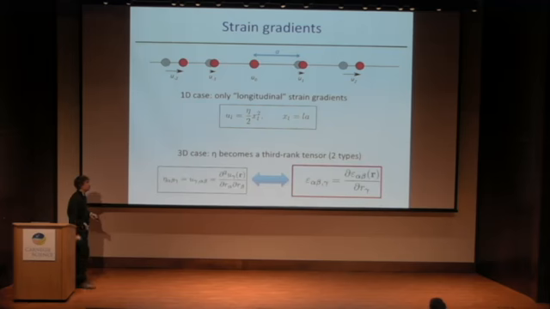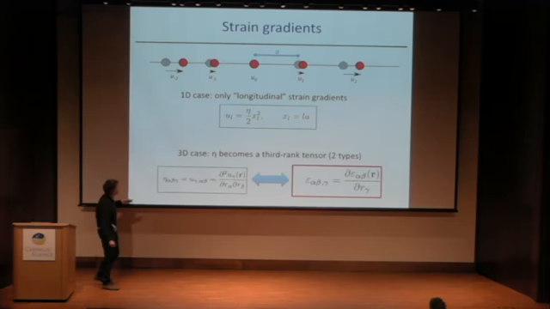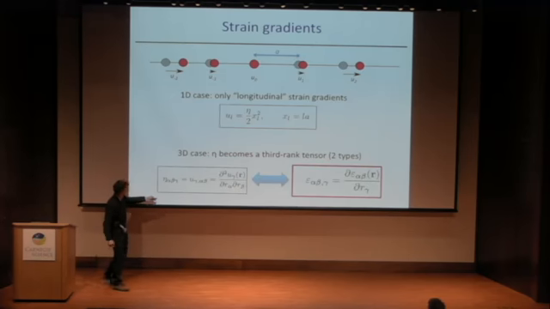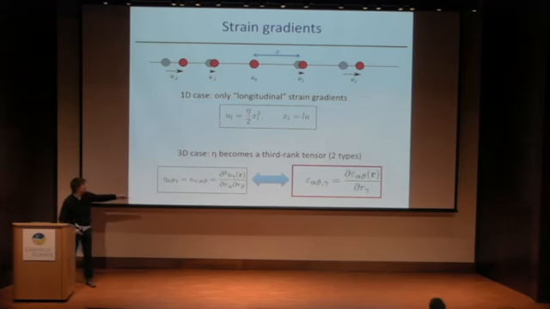When we go to 3D, this becomes a nasty third-rank tensor, which can be written in two different ways. Essentially, you can take the displacement field and take a second derivative of the displacement field, or take the symmetric strain tensor and take a gradient of the symmetric strain tensor.